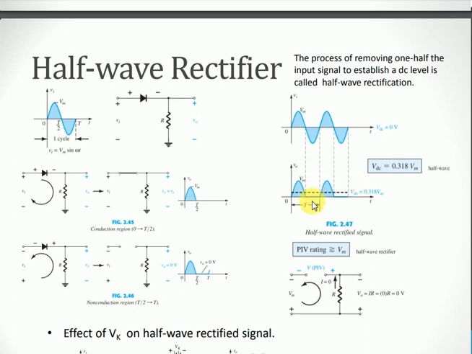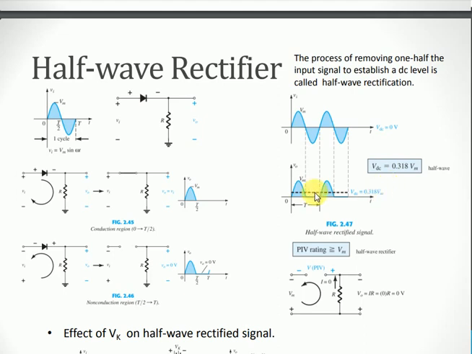You may see from this figure that T is the time period, which represents the whole cycle. In this whole cycle, VDC is equal to 0.318 Vmax. Vmax may have any value, 1, 2, 3, 4, 5, 6, any value.